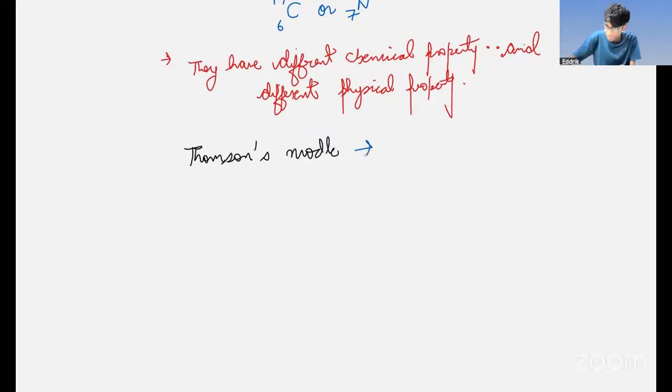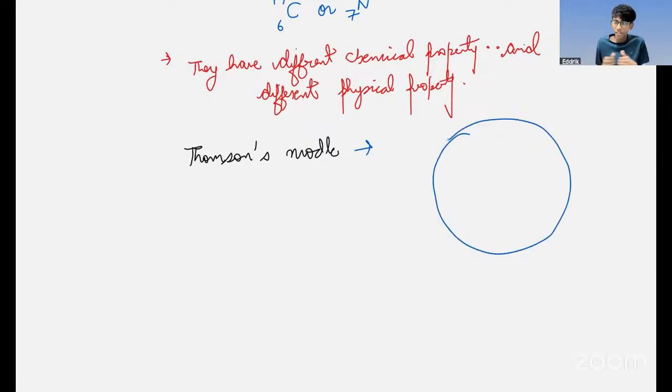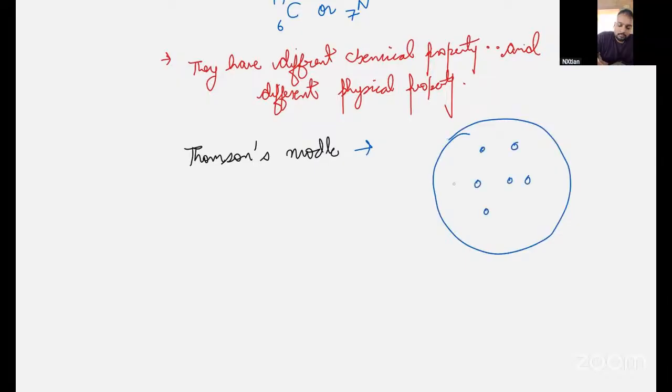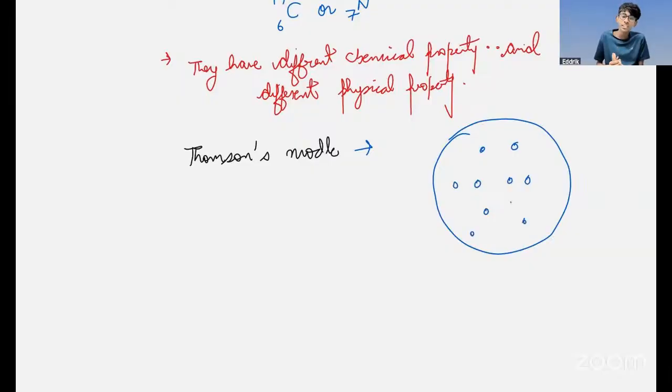So first, a man named J.J. Thomson discovered this model of atom in 1897, and he said that the atom has electrons inside it with a sphere of positive charge all around it. This model is often called the watermelon model or the plum pudding model.